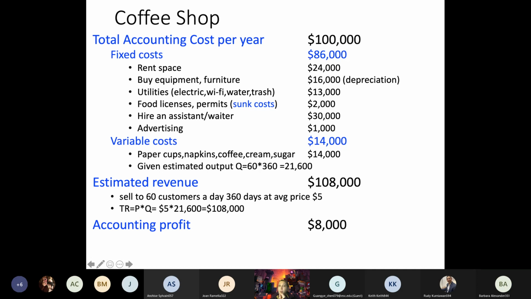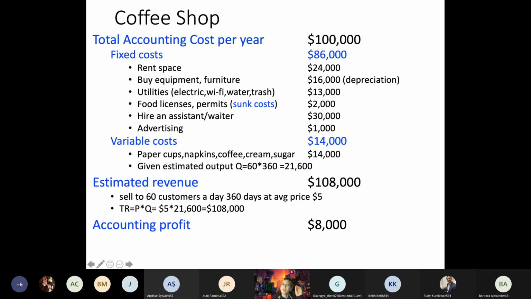So we have to rent space, and suppose renting space costs $24,000 a year because it's about $2,000 a month. You need to buy equipment and furniture, which will last for the next 5 years, but you can depreciate it, take 1/5 of its value, maybe 10 years, suppose it's 1/10 of the value.